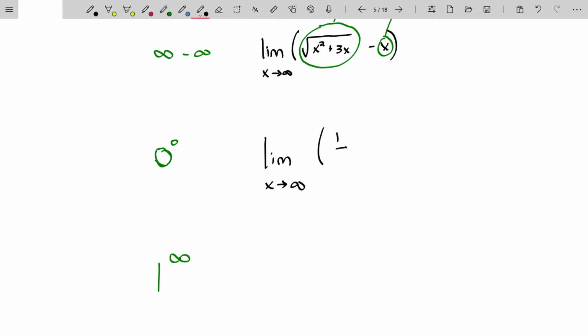And I'll have 1 over x raised to something, let's go e to the negative x power. Okay. So as x goes to infinity, the argument of that exponential, this guy right here, is approaching 0. And e to the negative x also approaches 0. So this is a 0 to the 0th power indeterminate form.